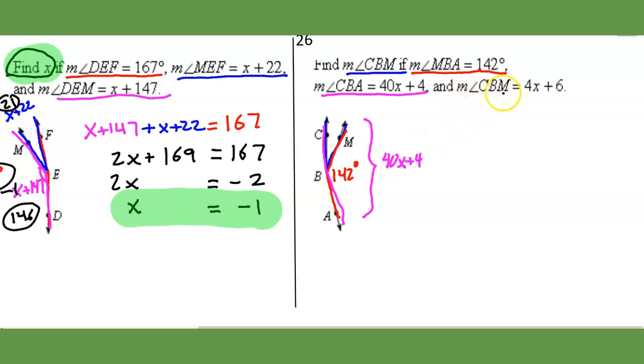And CBM is going to be 4x plus 6. Again, the angle addition postulate says the red plus the blue should add up to this pink. We're going to do two smaller angles, 4x plus 6 plus 142 should equal 40x plus 4.